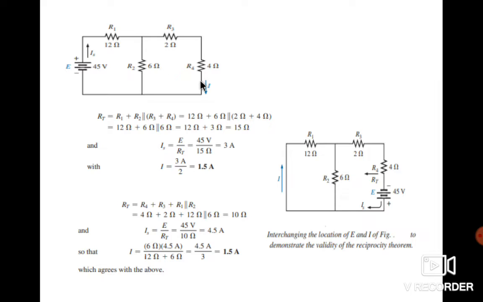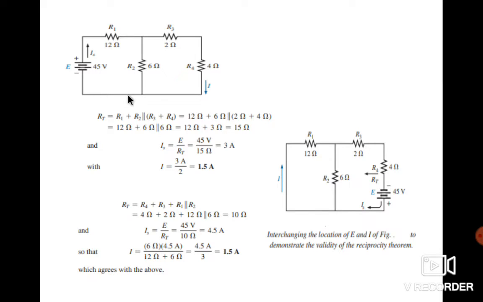Whatever current we find using this circuit will be identical to the current found when the voltage source is connected like this. So let's go through the example step by step.